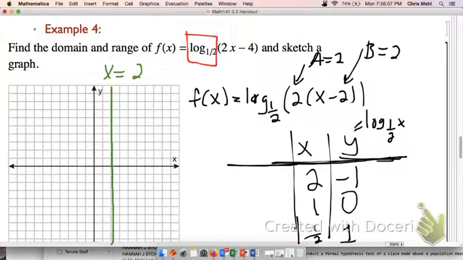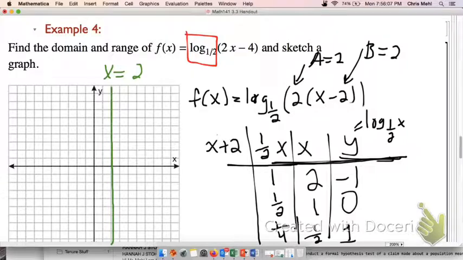Okay. Now, first, you always do the horizontal stretching or compressing first. Now, since a is 2, we're going to multiply the x coordinates by 1/2. So I get 1, 1/2, and 1/4. And then since b is 2, we're going to shift to the right 2 units.